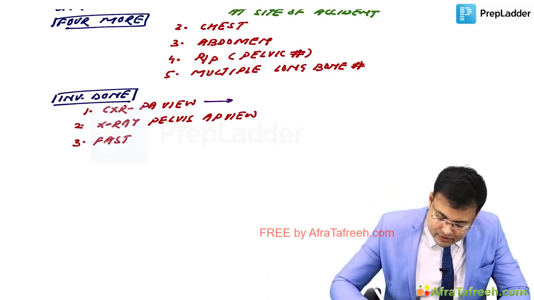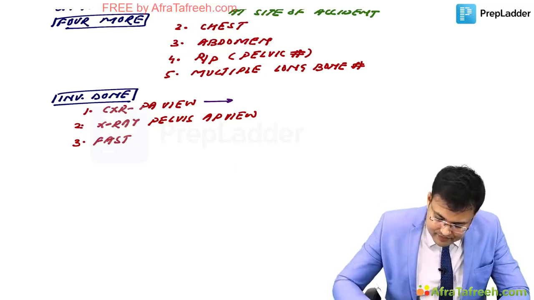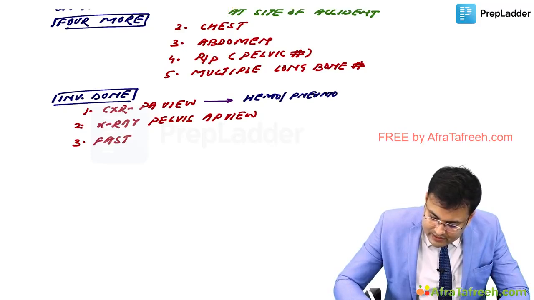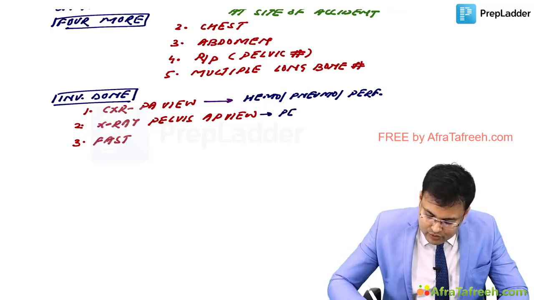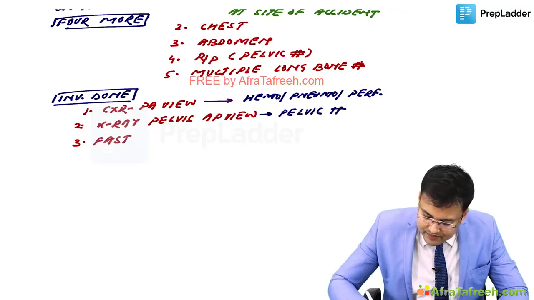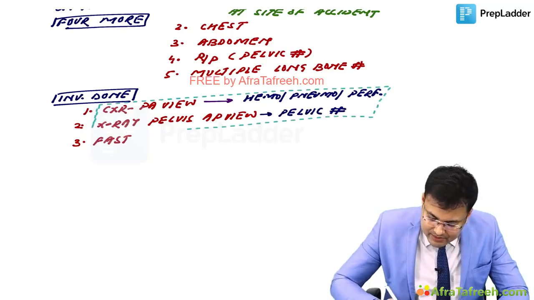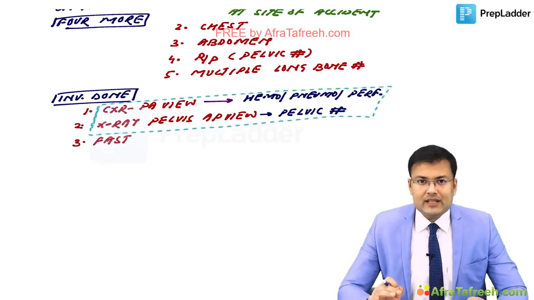And x-ray pelvis is going to rule out pelvic fracture. So the two most important x-rays in any patient of trauma are chest x-ray PA view and x-ray pelvis AP view.